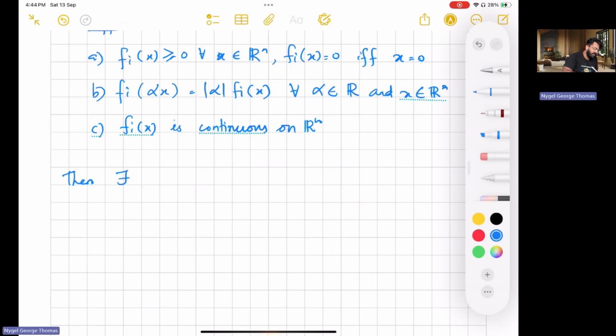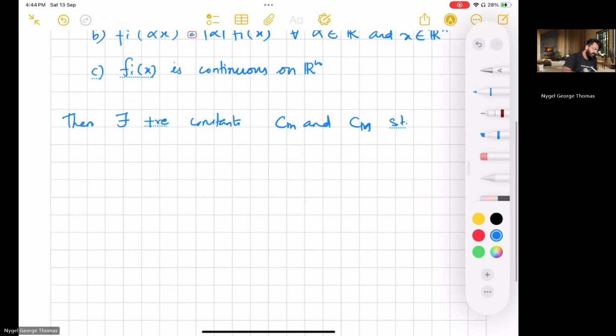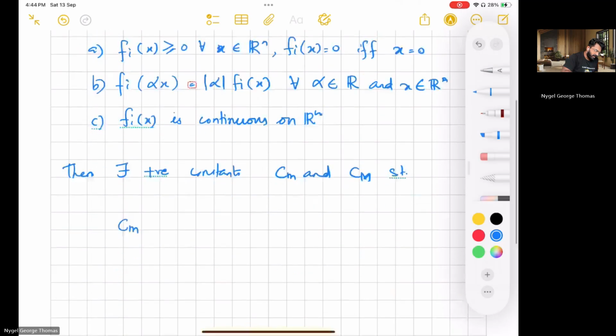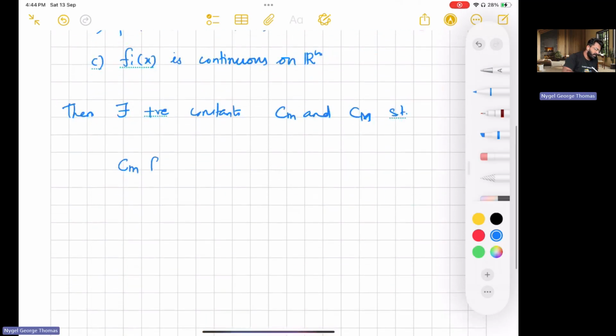If all these properties are satisfied, then there exist positive constants C small m and C capital M such that C small m times f1 of x is less than or equal to f2 of x is less than or equal to C capital M times f1 of x.